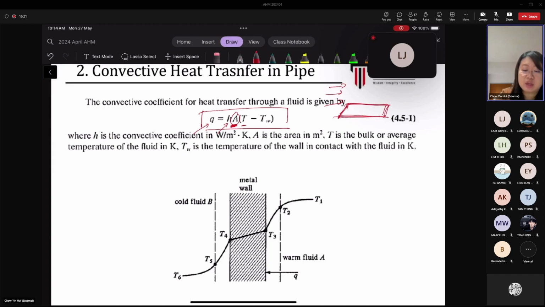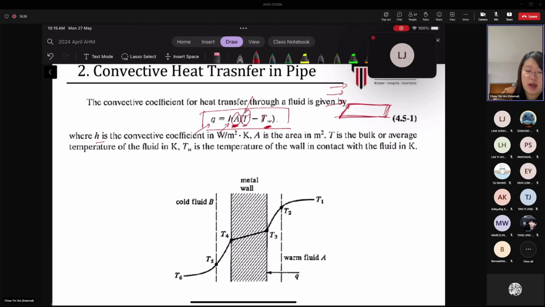Then the temperature at the surface, perhaps, minus the temperature of the surroundings, or it could be the other way around if the wall temperature is higher compared to some other temperature. The convective heat transfer coefficient has the unit of watt per meter square Kelvin.